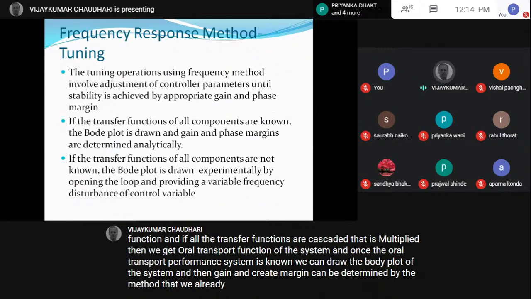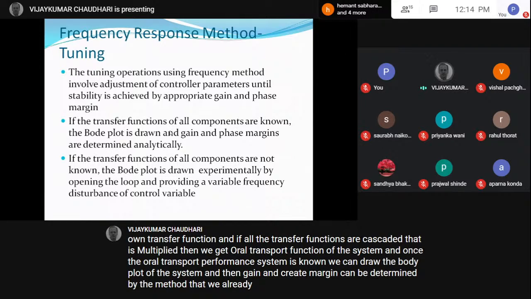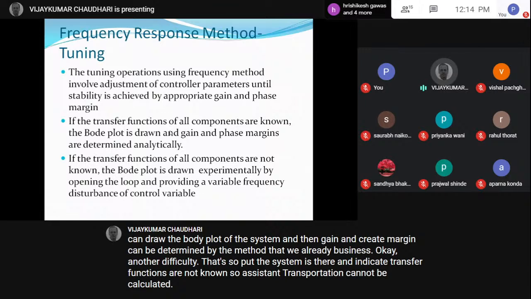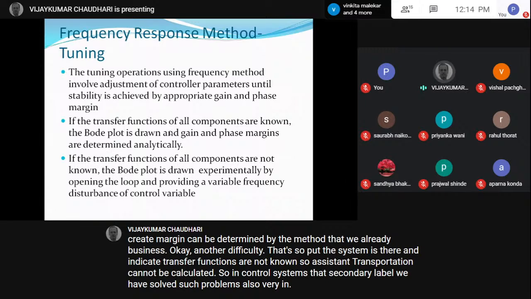Another difficulty is that suppose the system is there and individual transfer functions are not known, so the system transfer function cannot be calculated. In control systems at secondary level, we have solved such problems also, wherein the input and output are experimentally measured.